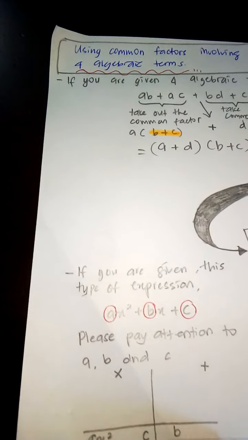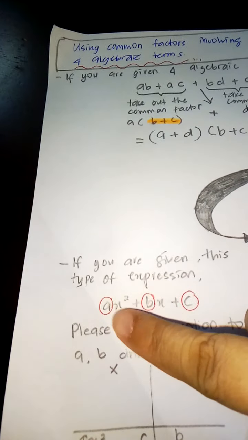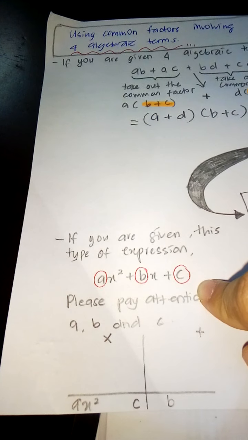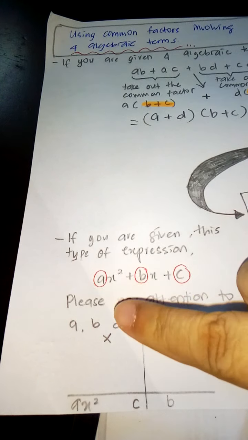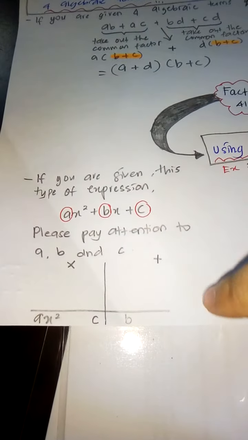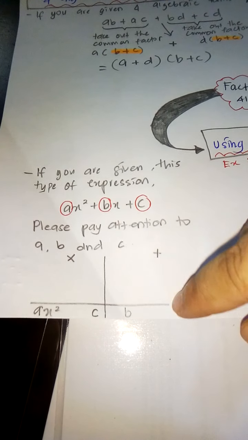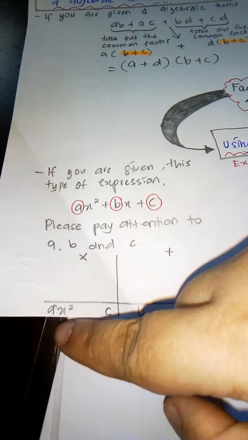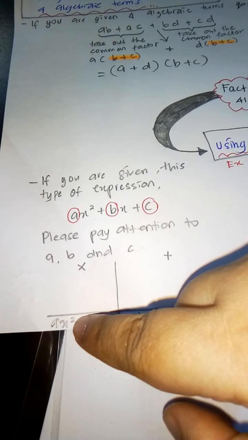If you are given the type of question like this, ax squared plus bx plus c, please pay attention to the value of a, b and c. Because in this cross multiplication frame, the ax squared will be here in front.